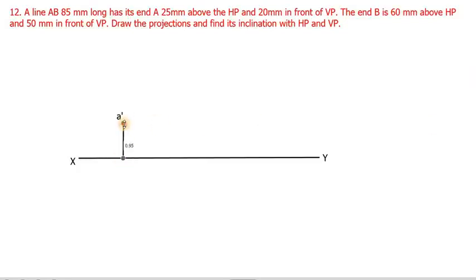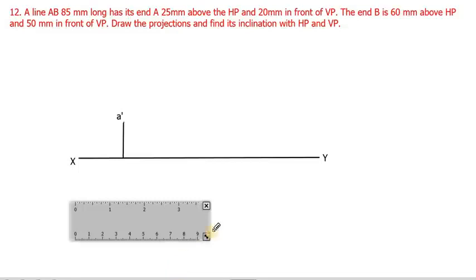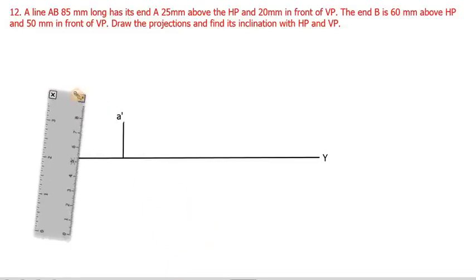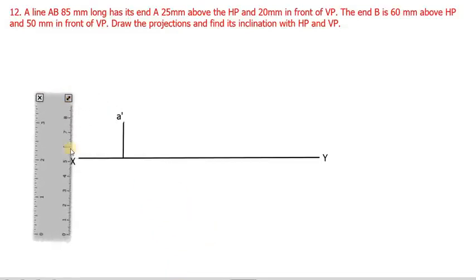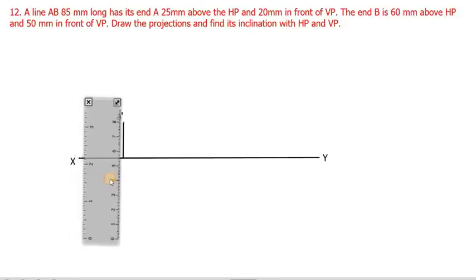This will be the projection line of A dash point, and then the point A is 20 mm in front of VP. So we can mark the point. So take the scale and keep the scale over the line of A dash projection.